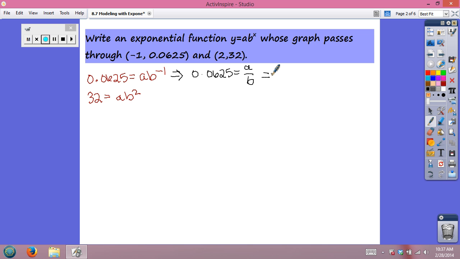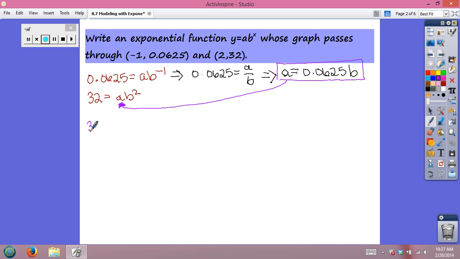And if we solve for a, we multiply both sides times b, so we're left with a equals 0.0625 times b.